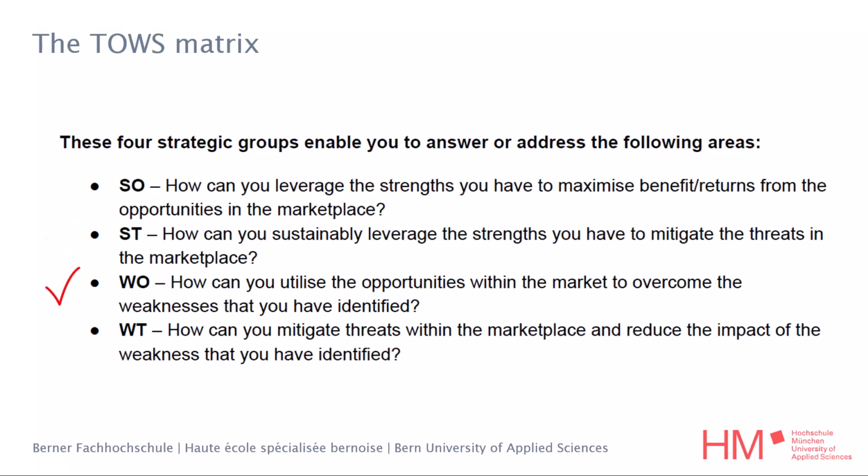The WO perspective helps you to look at how you can utilize the opportunities within the market to overcome the weaknesses that you've already identified. And the WT perspective helps you to look at how you can mitigate threats within the marketplace and reduce the impact of the weaknesses that you've identified.